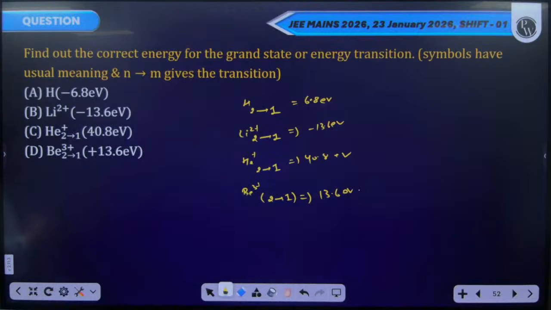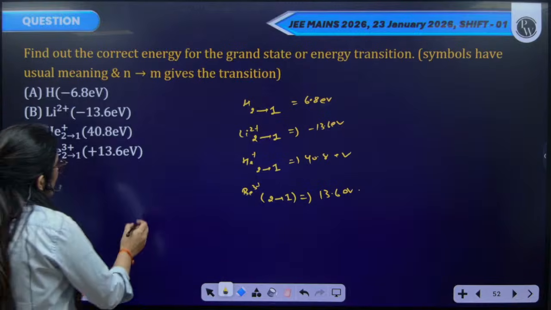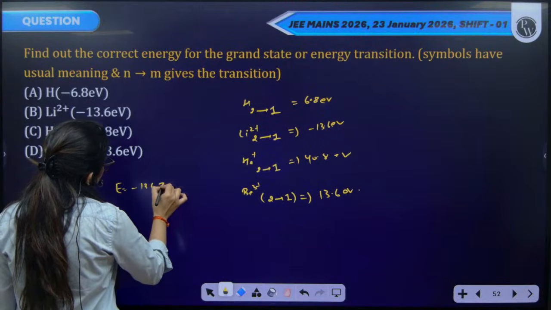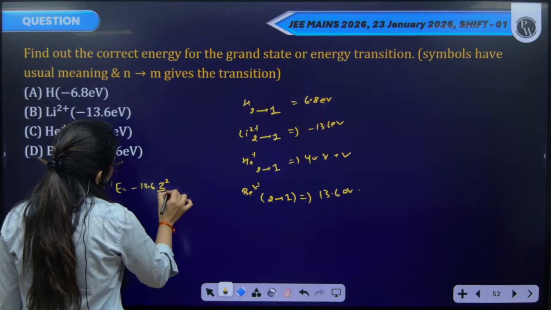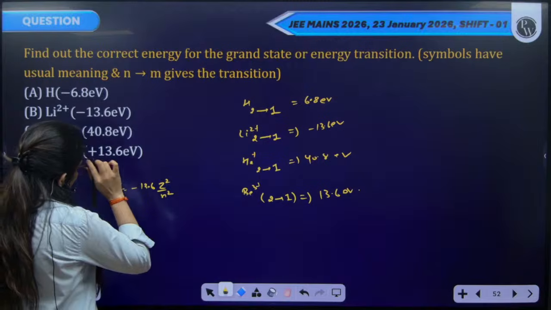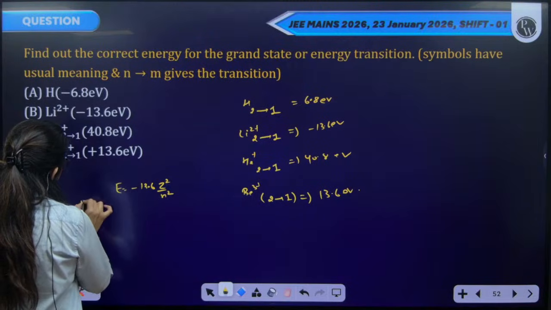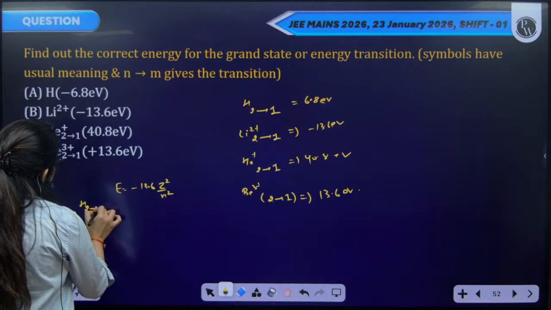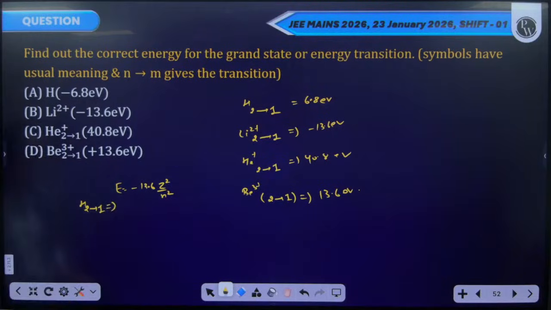Everybody knows N to M transitions are taking place, so in every case you have to apply the formula. Energy will be equal to what? Minus 13.6 Z square by N square. This formula you will have to apply. If I talk about the case of hydrogen, let's take the case of hydrogen. In the case of hydrogen, the transition is taking place from 2 to 1, and you want to calculate the delta E value.